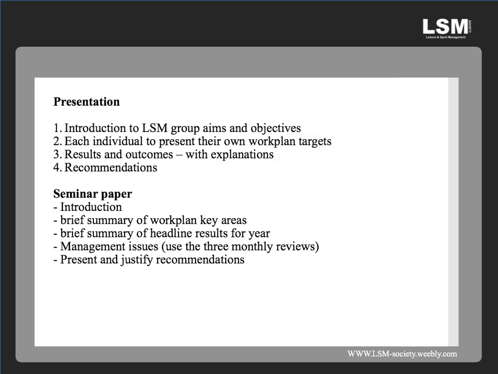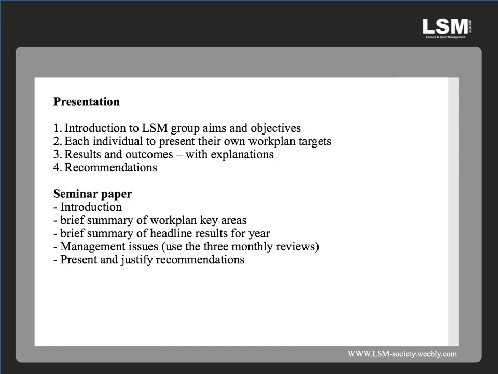And in the seminar paper, within that introduction, I'd like you to include a summary of your work plan key areas. I'm more than happy that you put your entire work plan, your final completed work plan, in the appendix of the seminar paper.